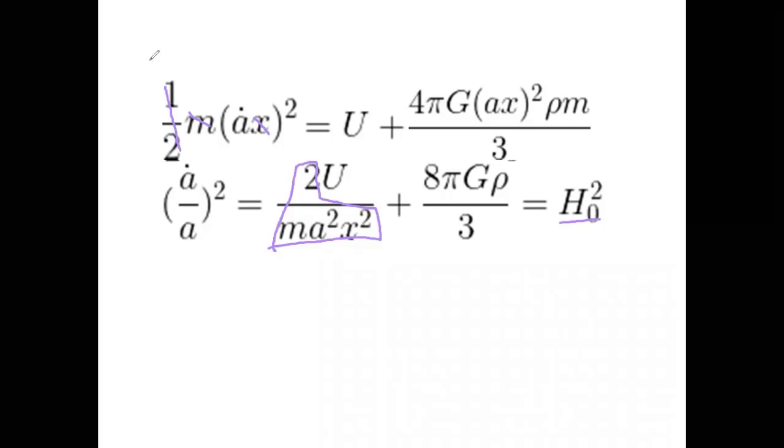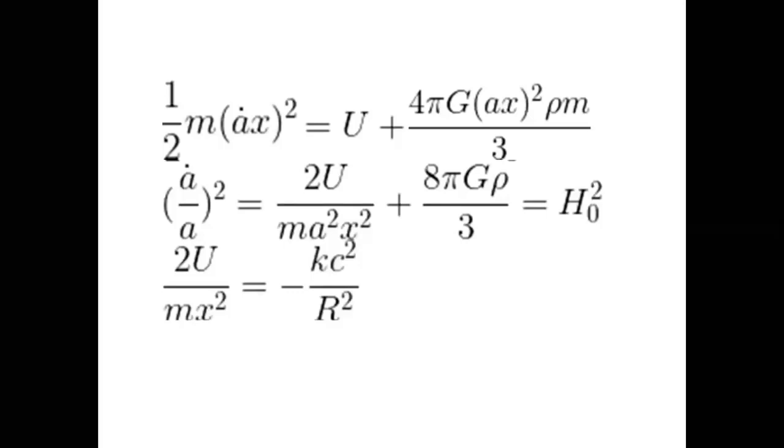And one thing that you're going to see from here is this thing, 2u over mx squared, which is equal to negative kc squared over r squared. What do these variables mean? c is just the speed of light, and r is the radius of the universe. Now what about this k here? Well, the k is just stating the curvature of the universe.